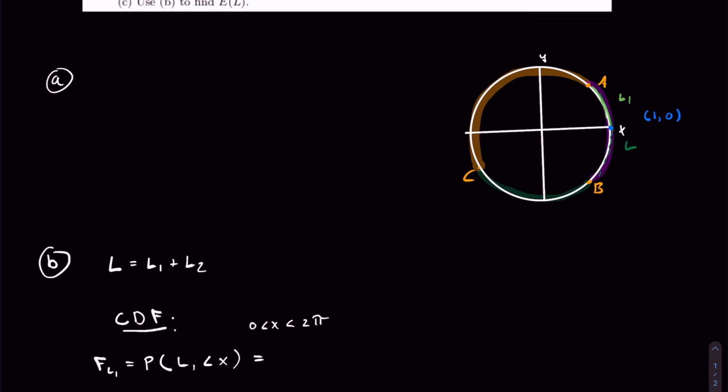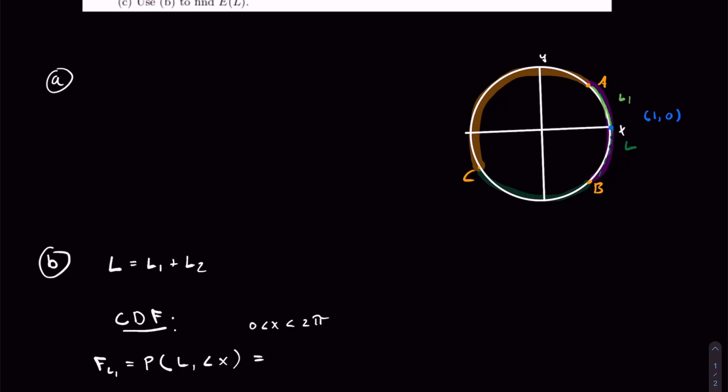How is L1 defined? L1 will be defined by any of the points A, B, and C falling on this line. We think about taking this full circle and extending it.